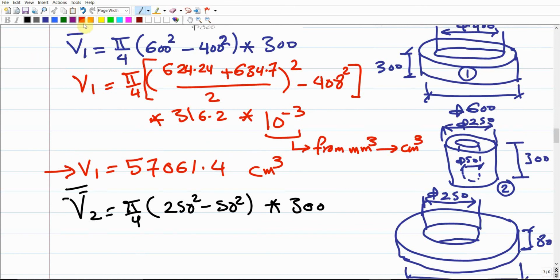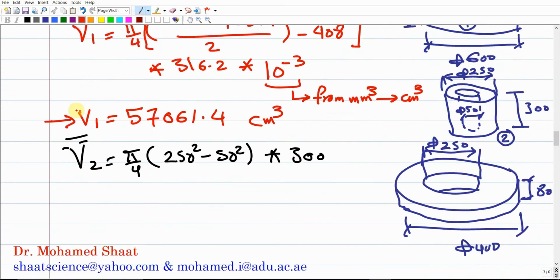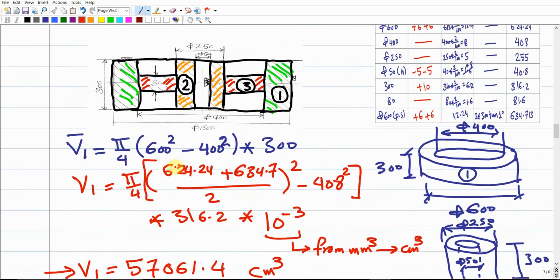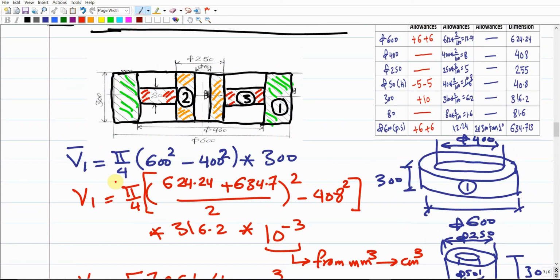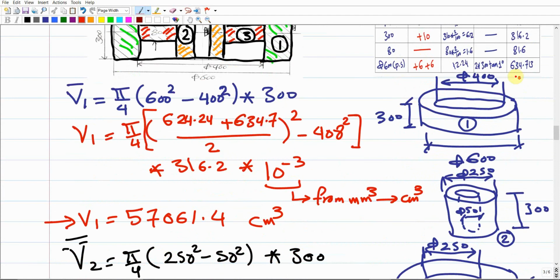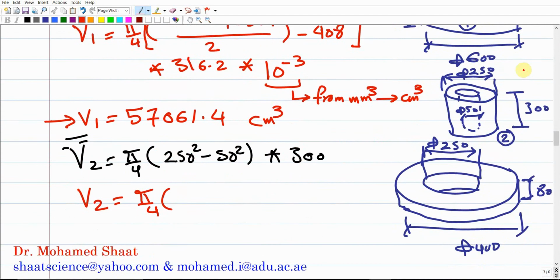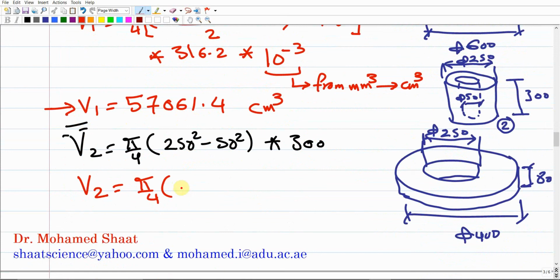Now I'm interested in the volume of the casting itself. So the volume of the mold cavity, or the casting, is equivalent to volume 2, which should be pi over 4. The 250 from the table is 255, and the 50 from the table is 40.8, right? So I'm going to use this number in addition to the 300 that we used before.